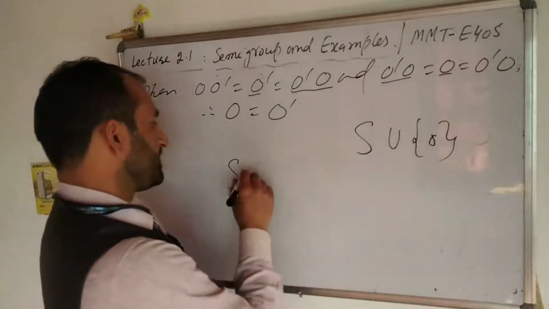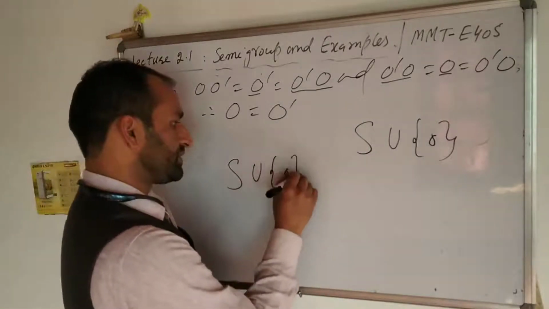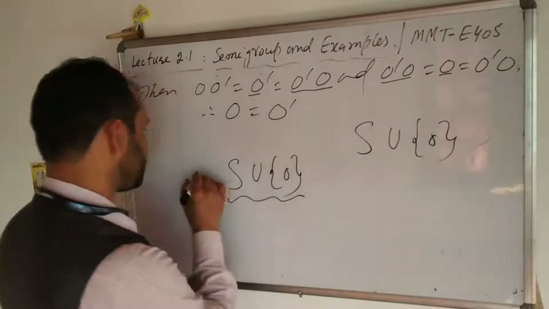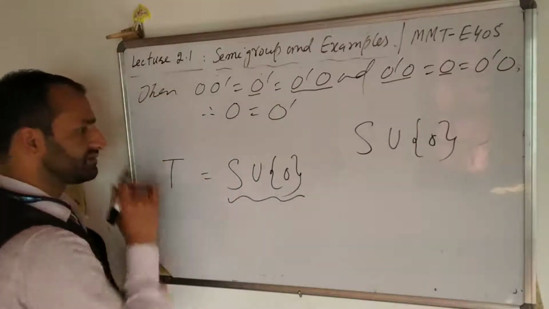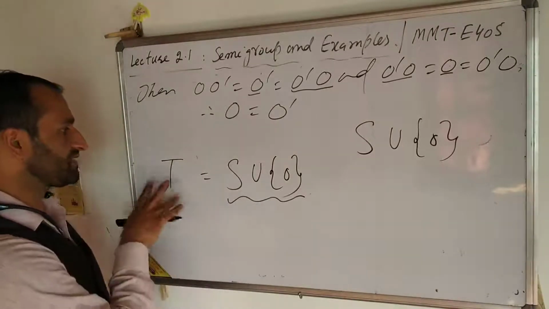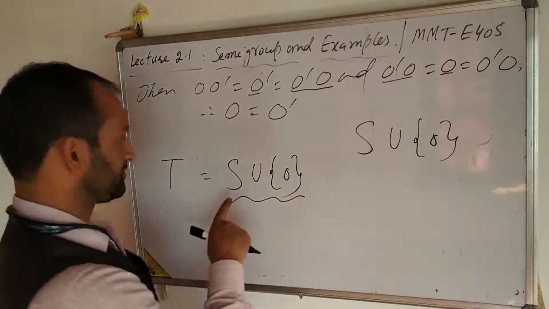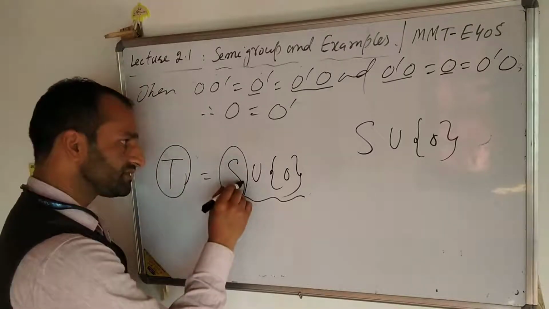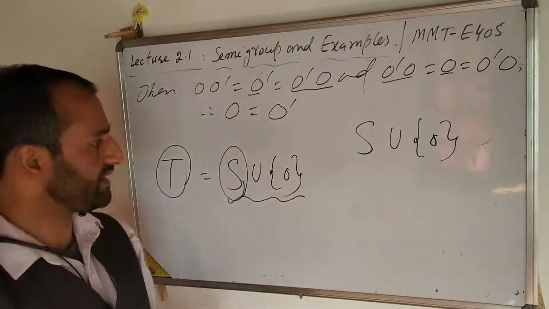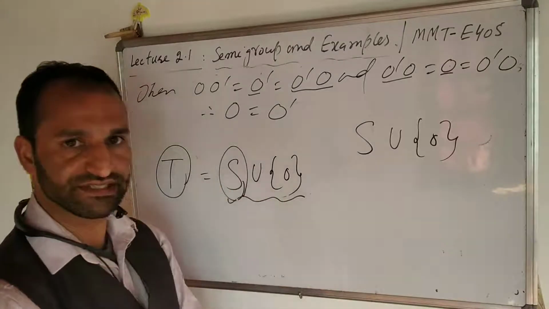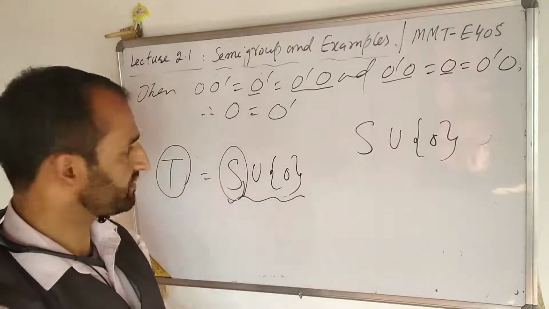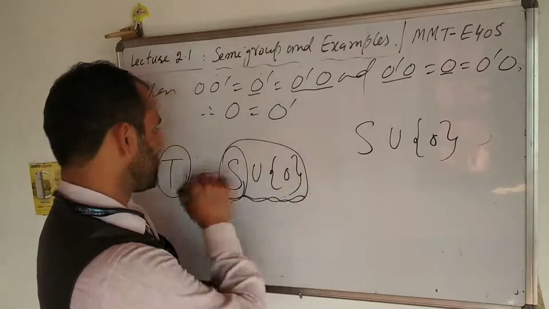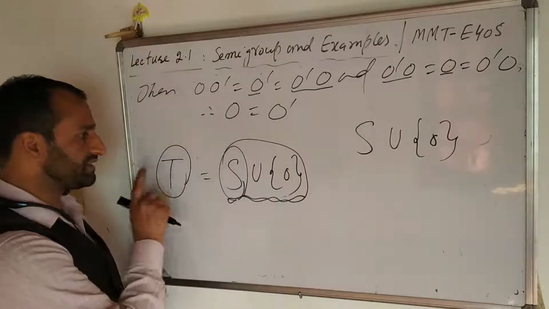Now suppose we adjoin the element 0 to this semigroup S, which is a group. Then this new set, which we will denote by T, is not a group. S is a group, but if we adjoin an extra element 0 to this S, then the new semigroup T is not a group.